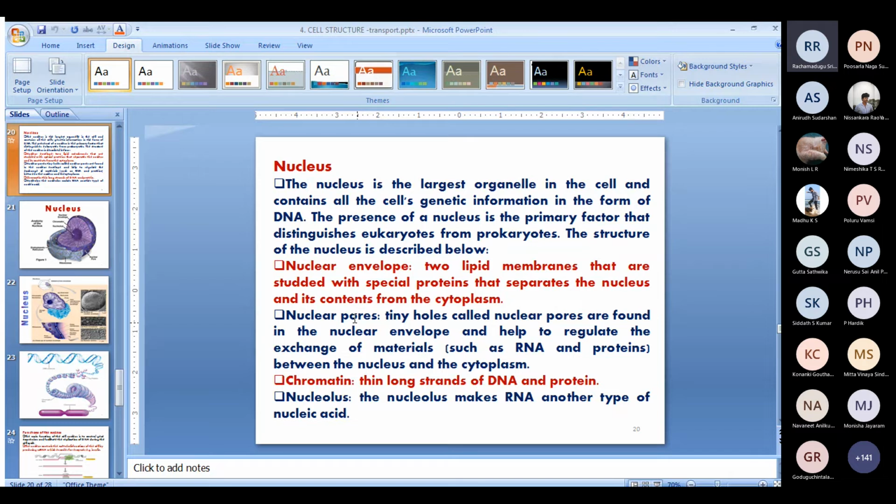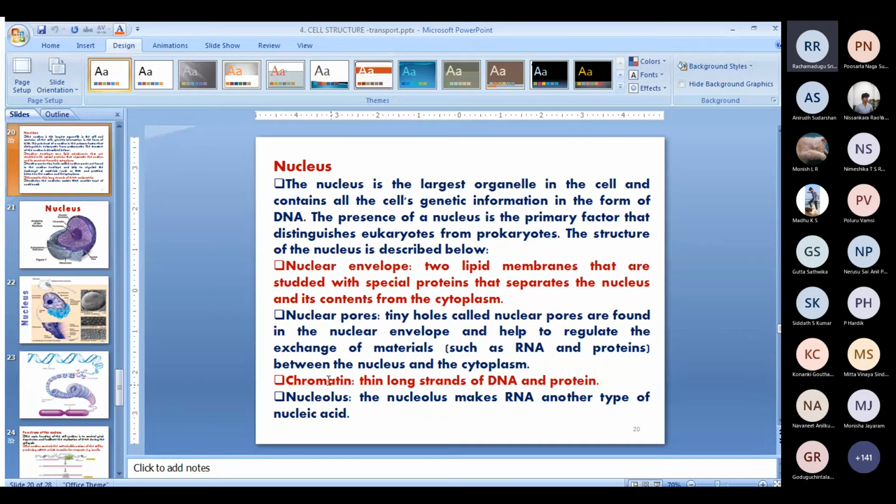But recently they have proved that theory to be wrong, and they have shown that from nucleus to cytoplasm and from cytoplasm to nucleus, movement is possible, and the proteins, RNA, all those things can move inside and outside the nucleus, and it happens through these nuclear pores.